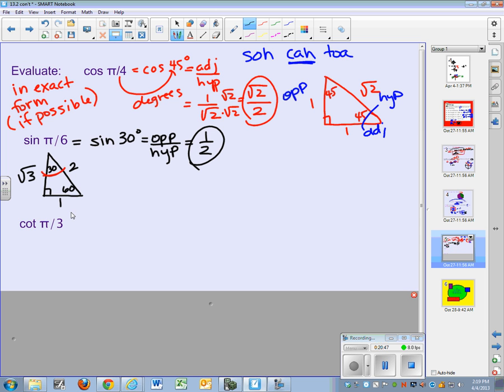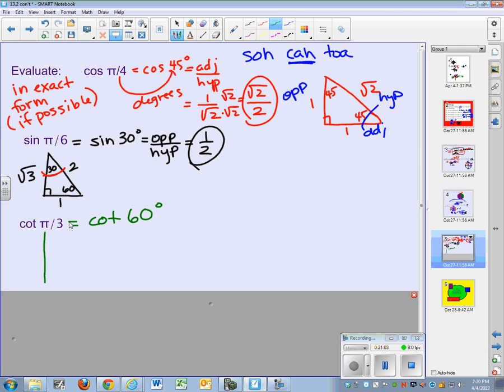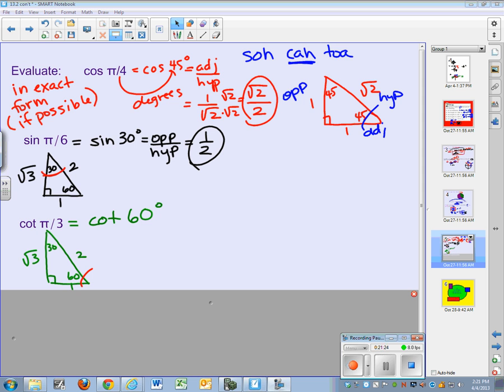Okay, you guys work through this one. Okay, so in this one, pi over 3 is 60 degrees, which is going to use the same triangle as the previous one, but your reference angle is different.